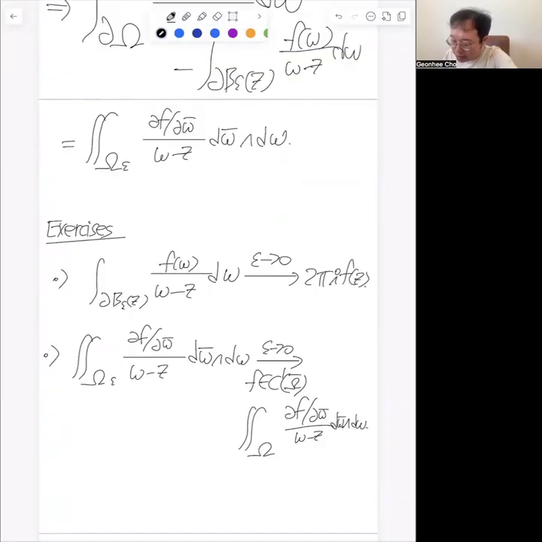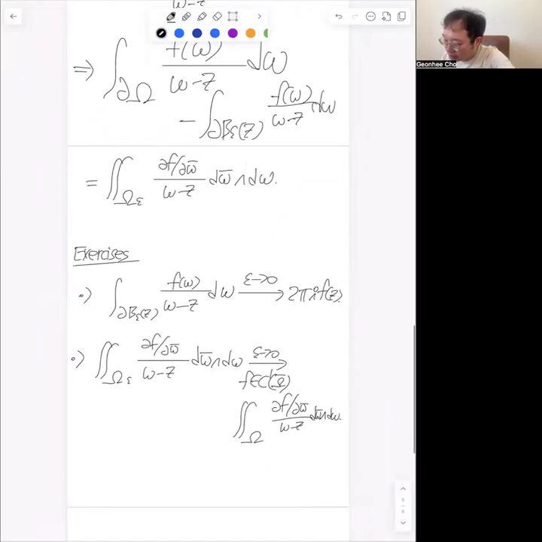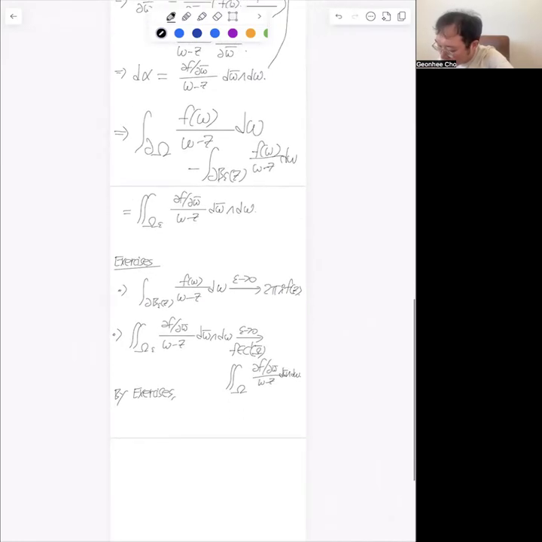And thereby this gives the result. So by using these exercises, you can establish that 2 pi i f of z is the same as the result that we needed to establish.